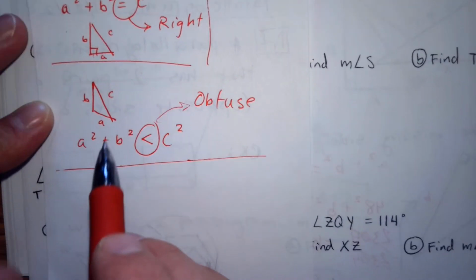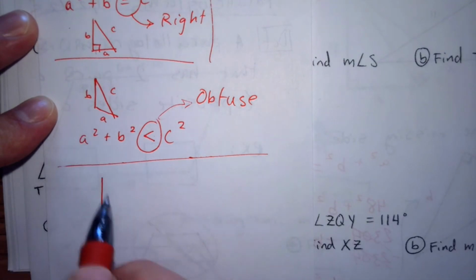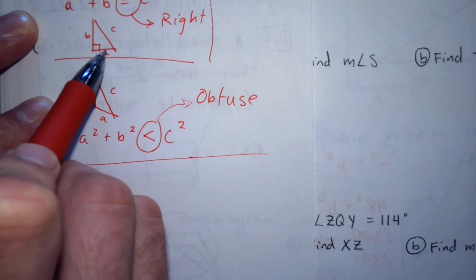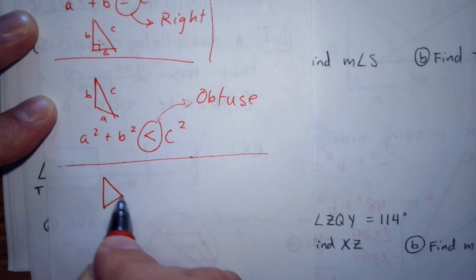And then if you have B and A the same length, but you want to shorten the C, that means you would have to swing this up a little bit, and it would make an acute triangle.